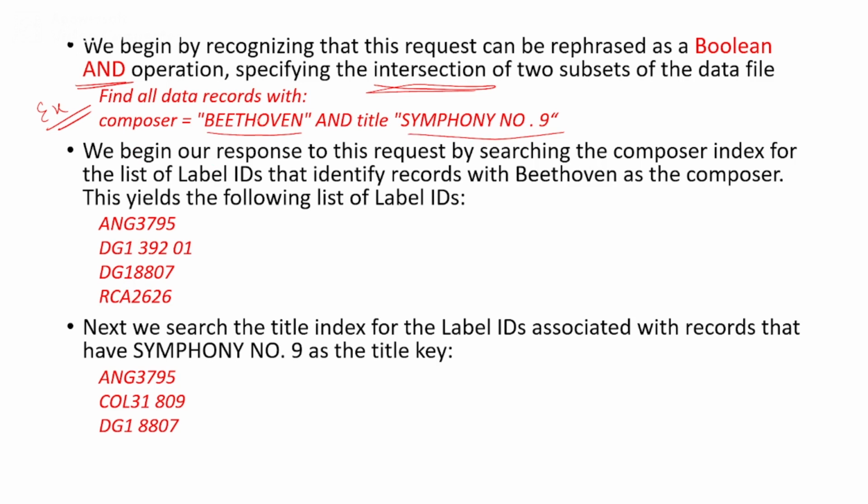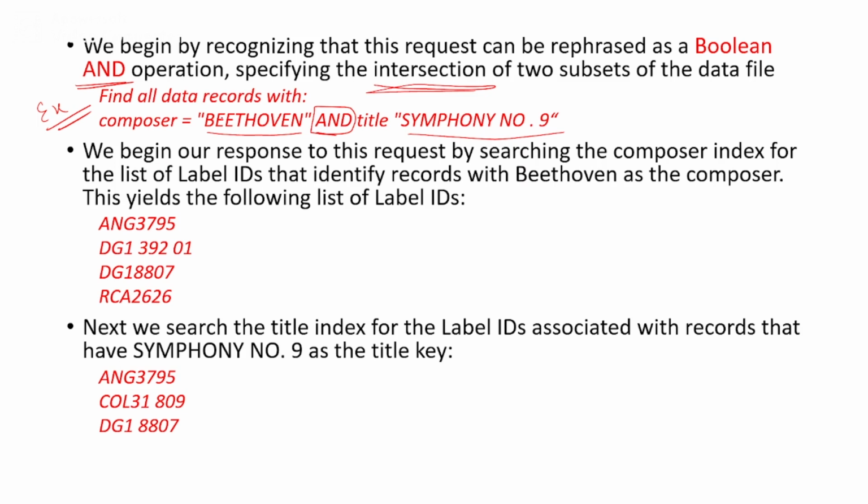Because we have used the Boolean AND operation, both of these need to be there. So your record should contain composer as Beethoven and title as symphony number 9.